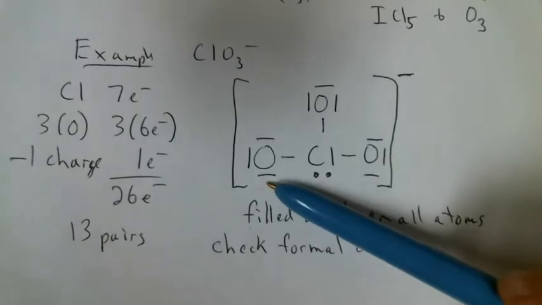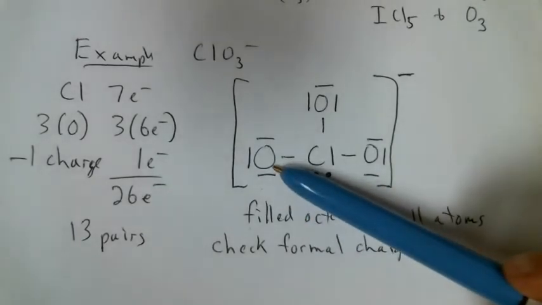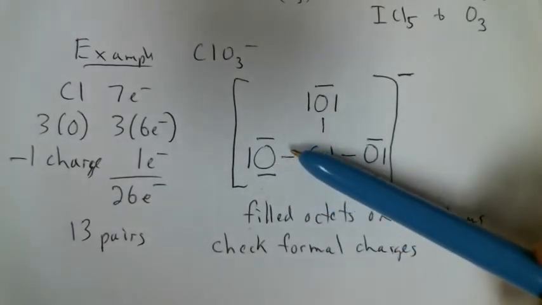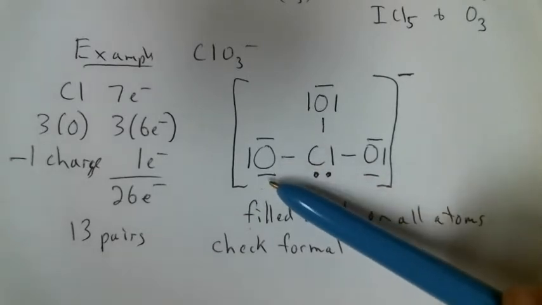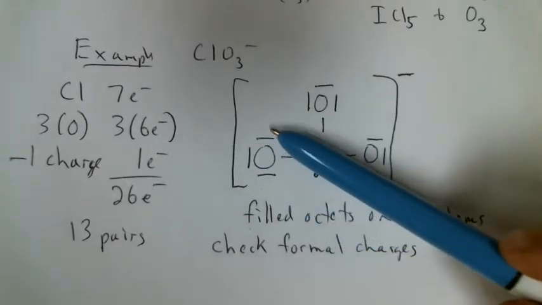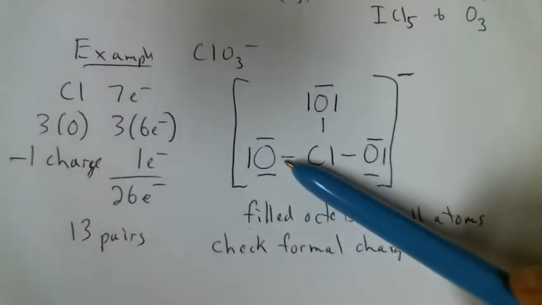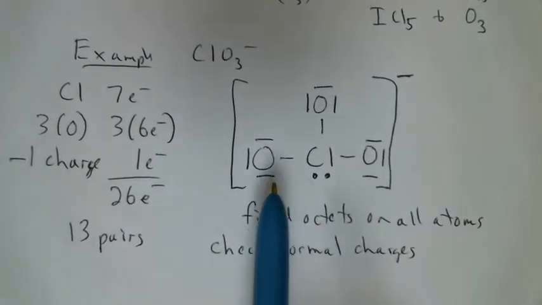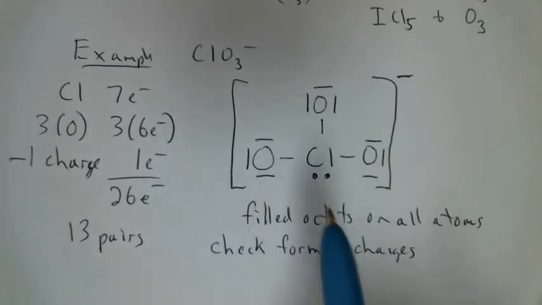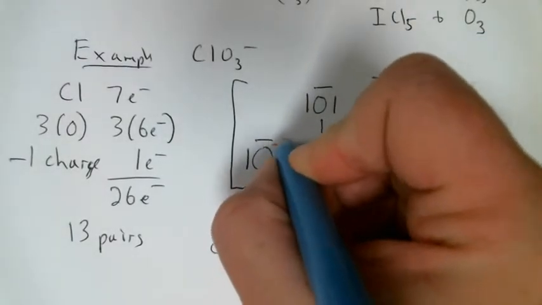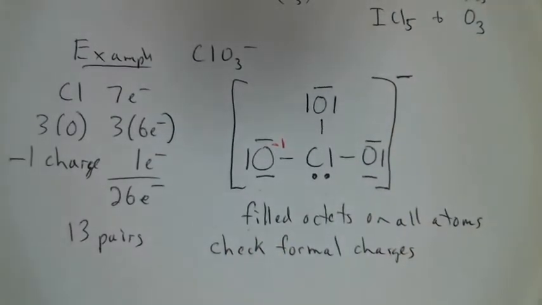So the lone pairs count completely on that atom, and then the bonding pairs count half. So when we count it, we'll count the lone pairs like this: 2, 4, 6, and then the bonding pair just counts as 1. So it's 2, 4, 6, 7. So oxygen is supposed to have 6. It has 7, so that has a -1 formal charge.